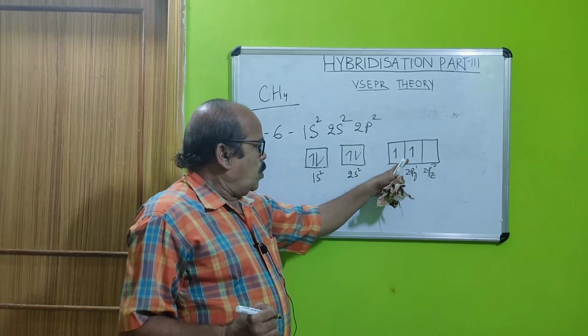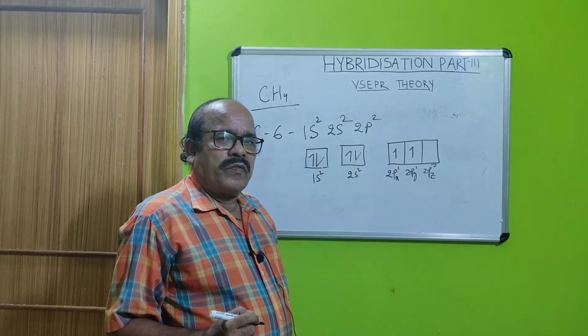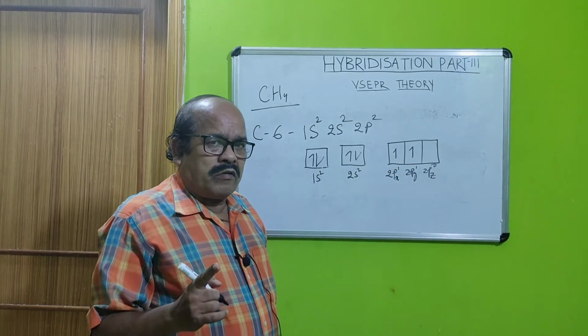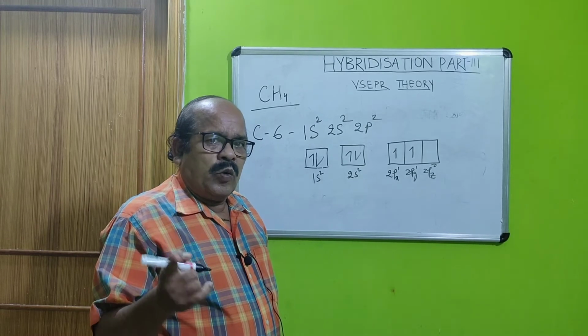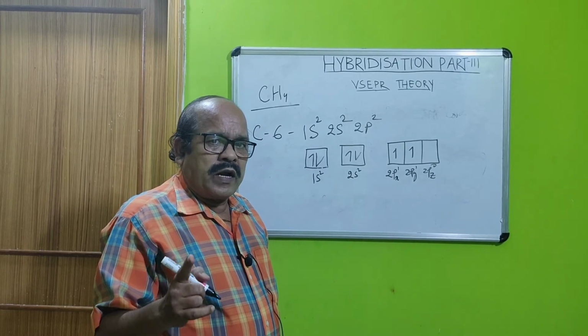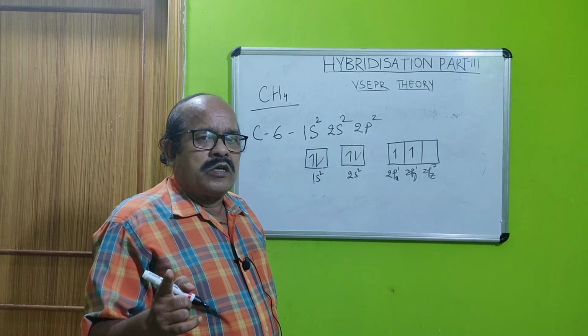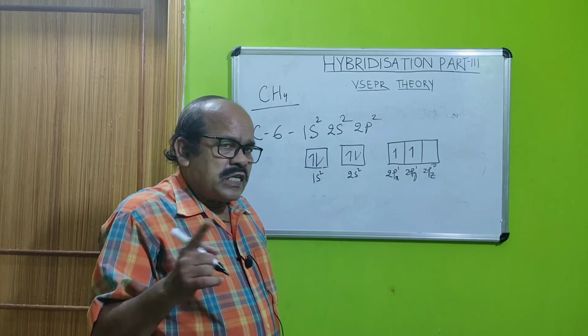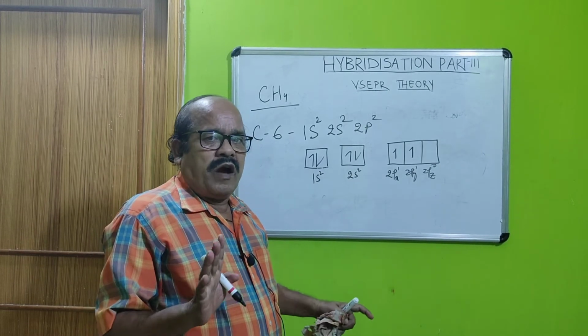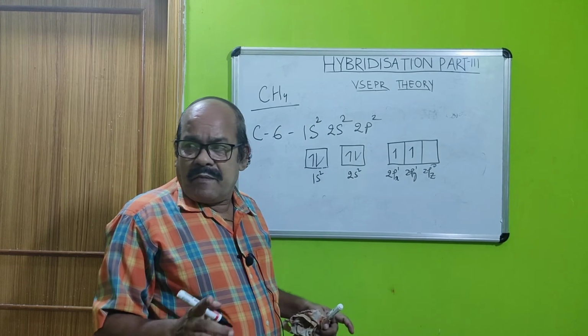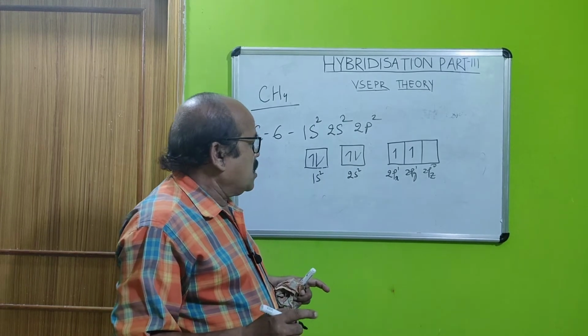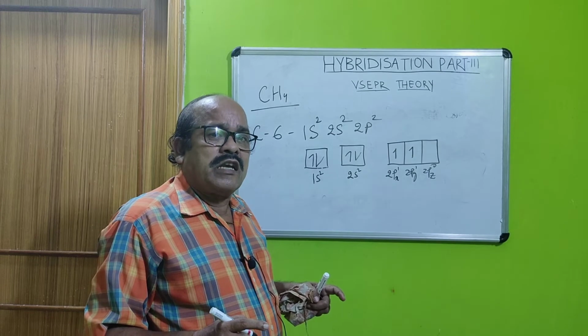Here, two non-bonding electrons are there. It should form compounds by getting two electrons from two different atoms, like compounds CH2, CCl2 can be formed. But what happens? Actually it forms CH4 and CCl4.